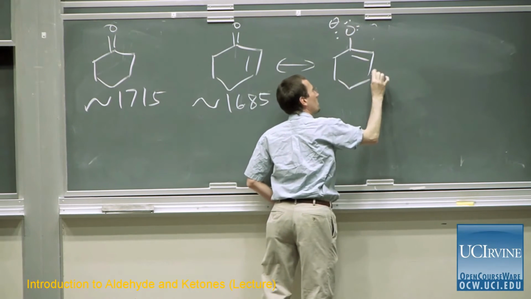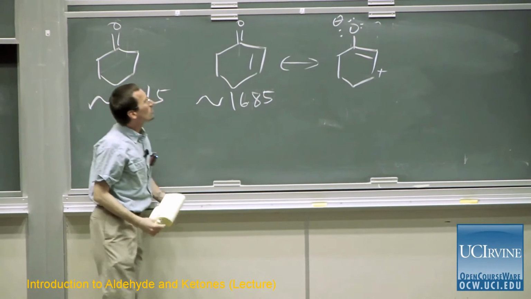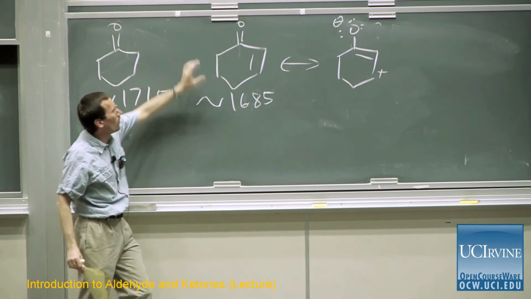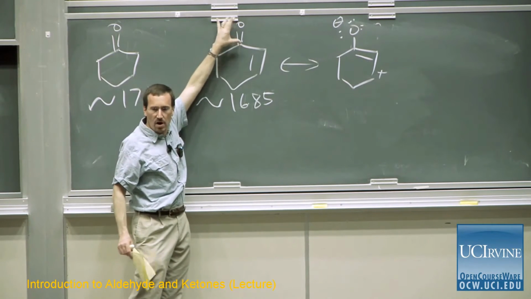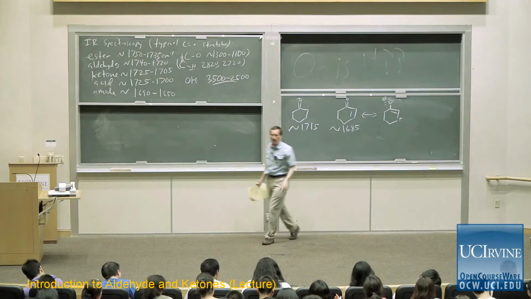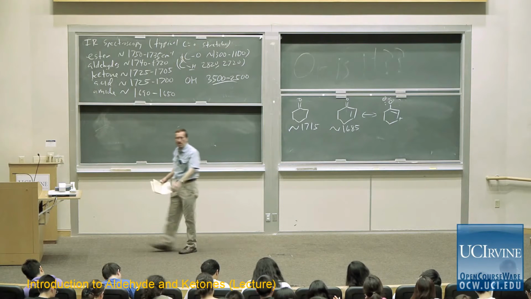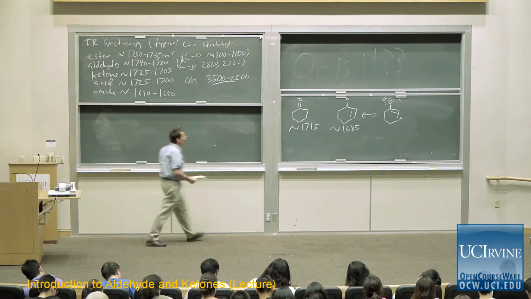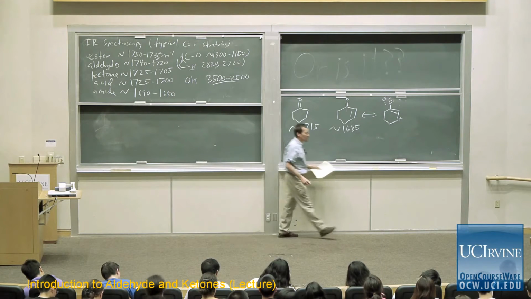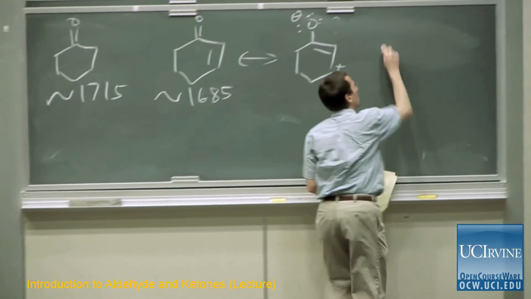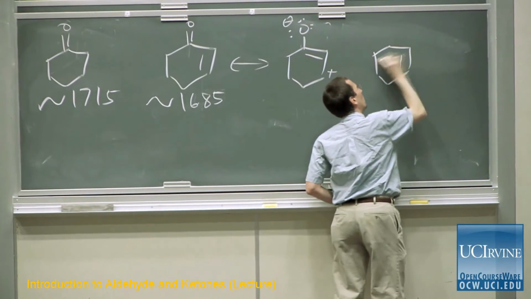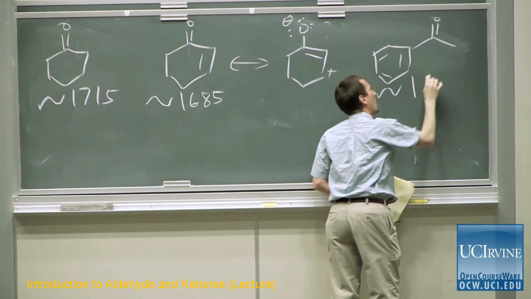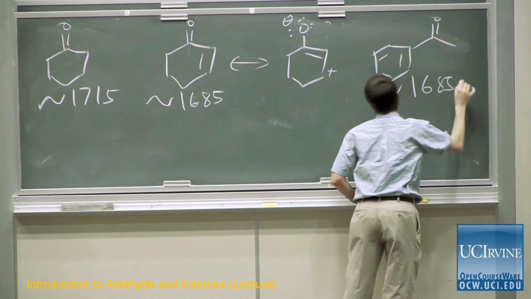It's a minor contributing structure, but it shows you how collectively the various pictures of the molecule indicate that the carbon-oxygen double bond isn't quite as strong, so it doesn't stretch at quite as high a frequency. This same effect occurs in other alpha-beta unsaturated carbonyl compounds. For example, in acetophenone, the ketone is also at about 1685 wave numbers.